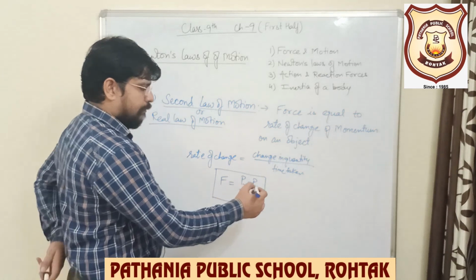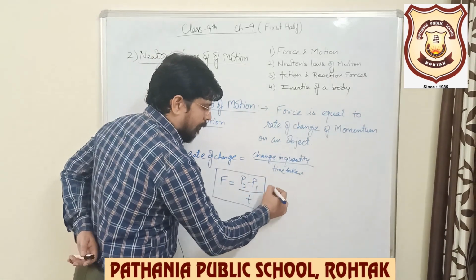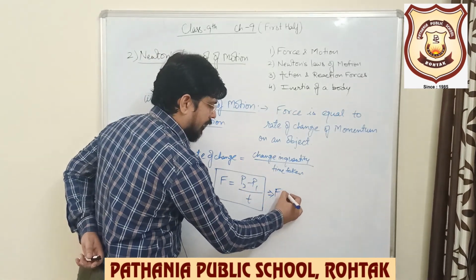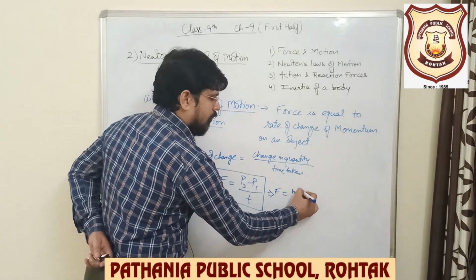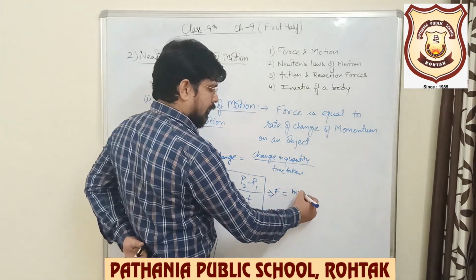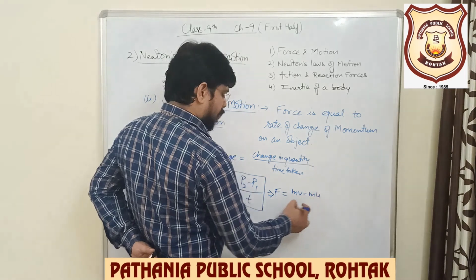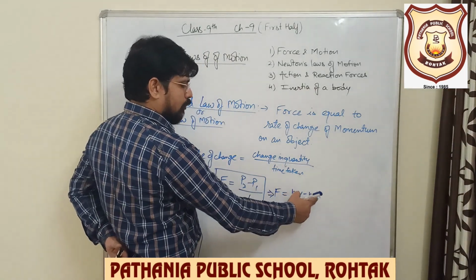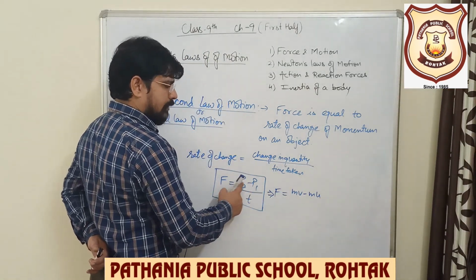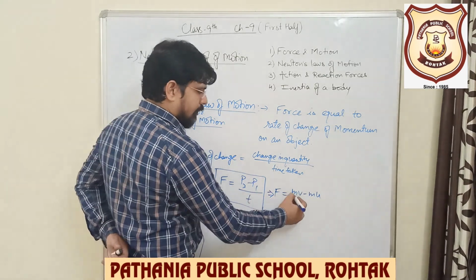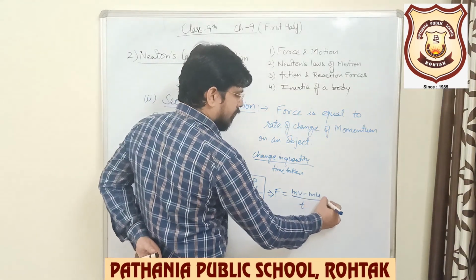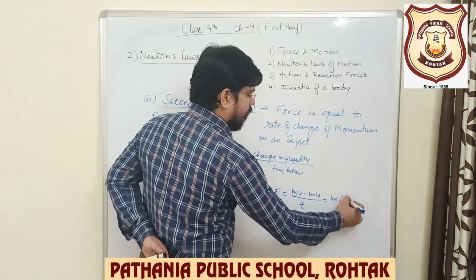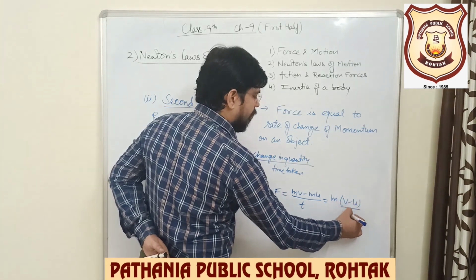We can also put the value of momentum as mv, where v is the final velocity, minus mu, where u is the initial velocity. So mv is final momentum and mu is initial momentum, divided by time. Taking m common, I will have v minus u divided by t.